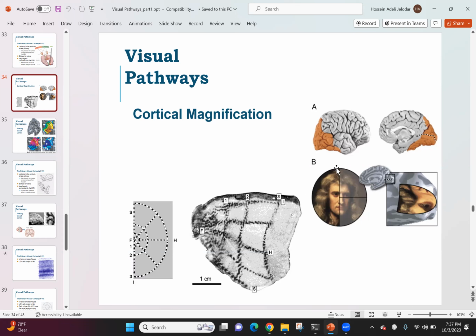The right hemisphere, because this is from the left visual field, and this is showing the right hemisphere. If you look at this figure, this is the right visual field, so it would project into the left hemisphere.